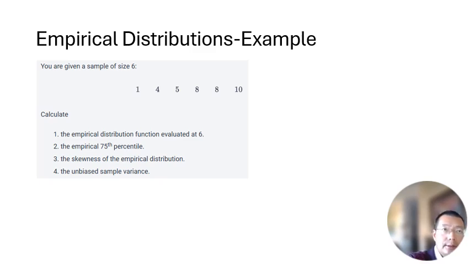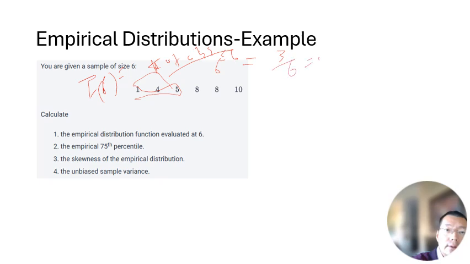It's basically just asking F6 equals the number of observations less than or equal to 6, divided by 6. So here we see that 1, 4, 5, there are 3 numbers less than 6. So this is the answer for the first question.